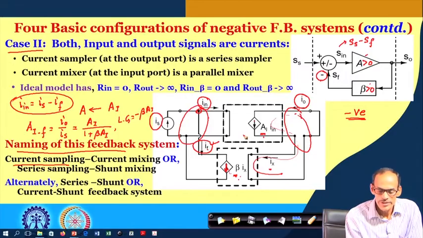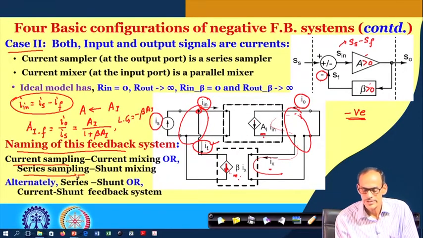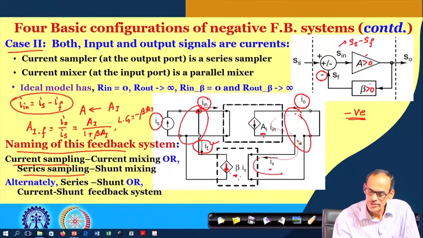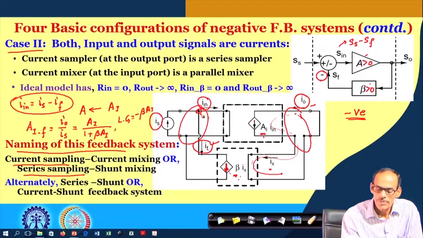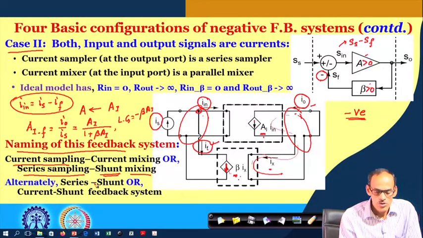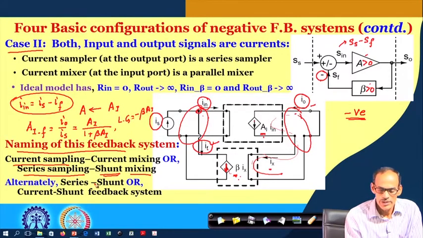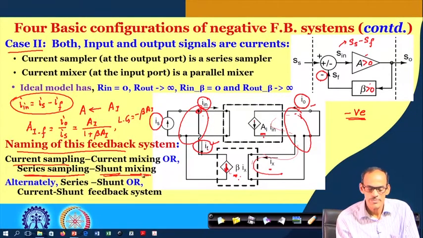Current sampler is a series kind of connection or a series sampling, so that the output current should be flowing through this input port of the feedback network, and also whenever we are mixing, if you see here, it is a shunt connection. So, the naming of this configuration can be said to be series sampling, shunt mixing, negative feedback system.